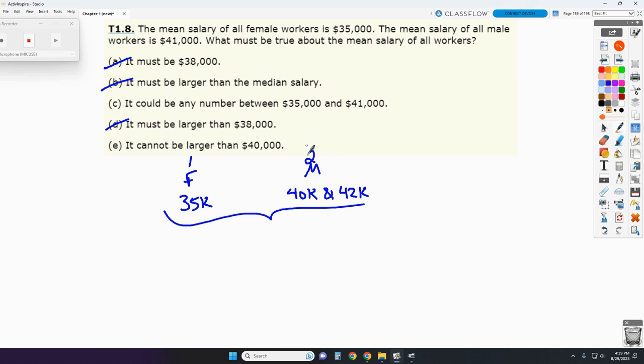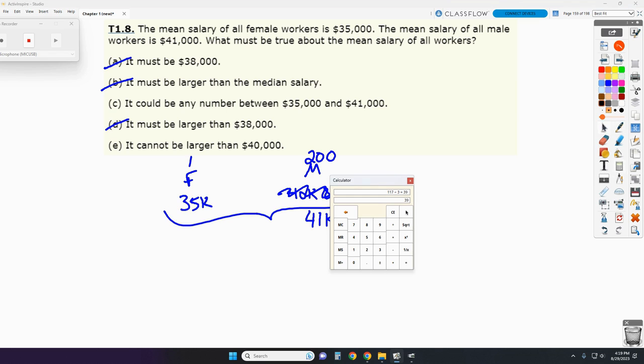What if we had, let's say, 200 male workers and every single one of them made $41,000, and then we have this one female worker that made $35,000? Let me clear this out here.